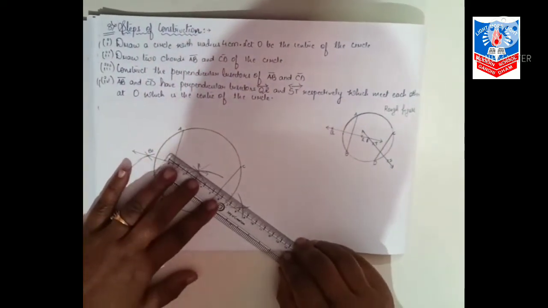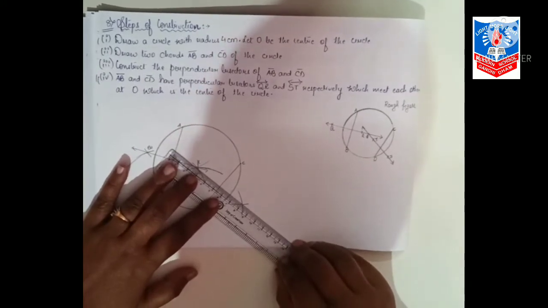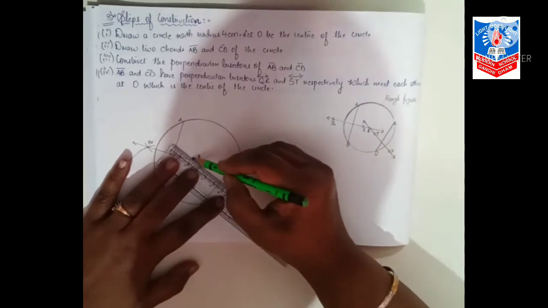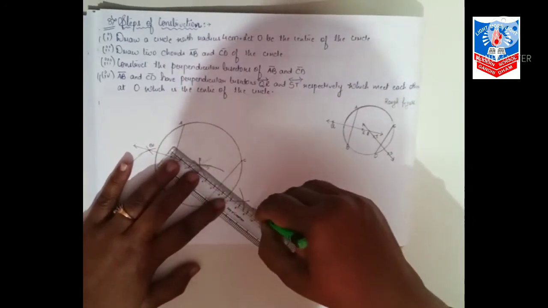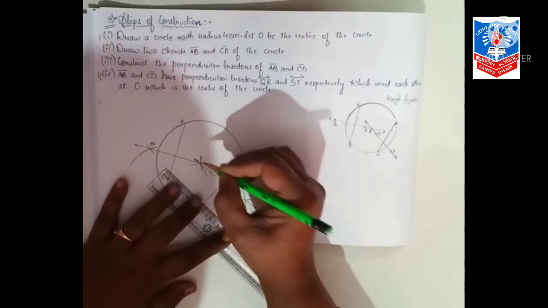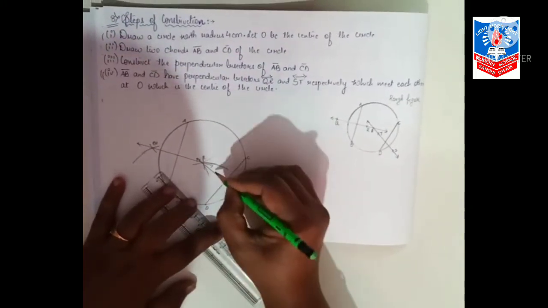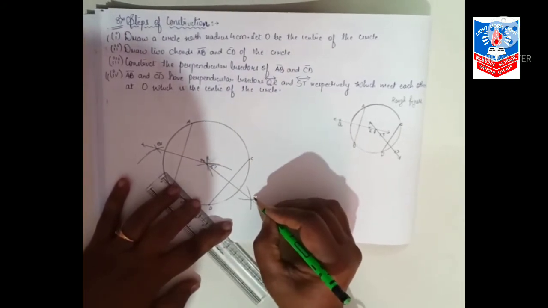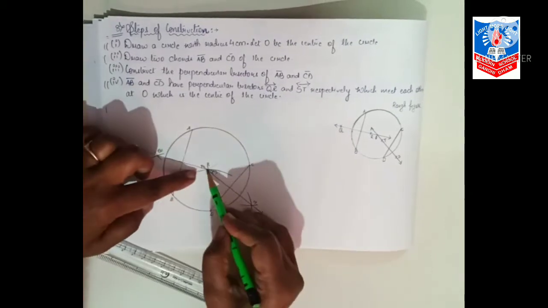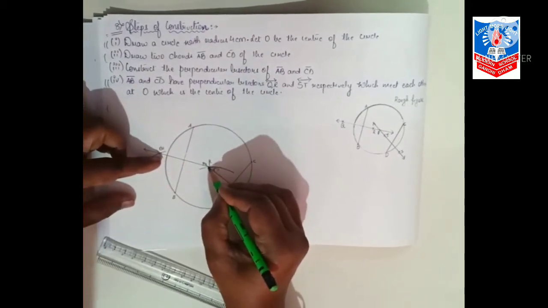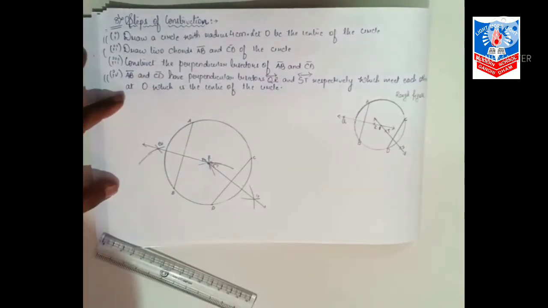Now join these lines like this way. Name these T and S. Now see here, you can see both these lines intersect at the center, that is O. Understood?